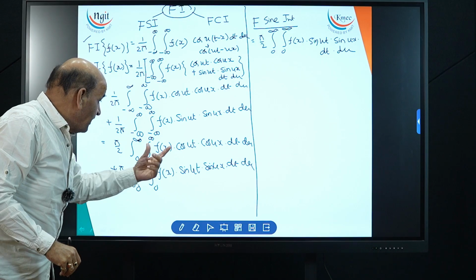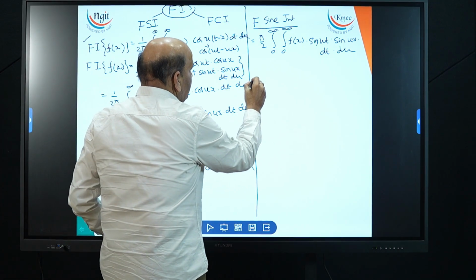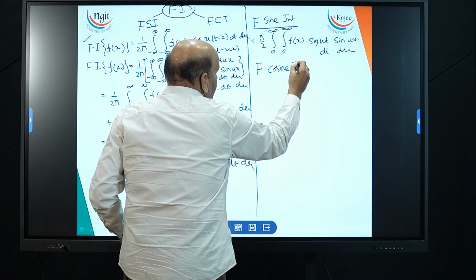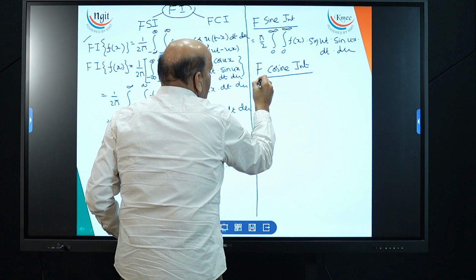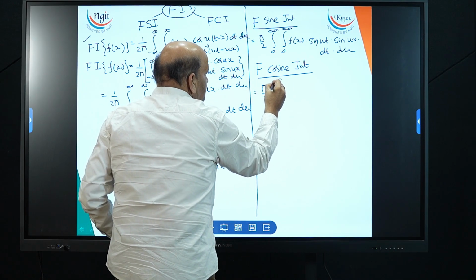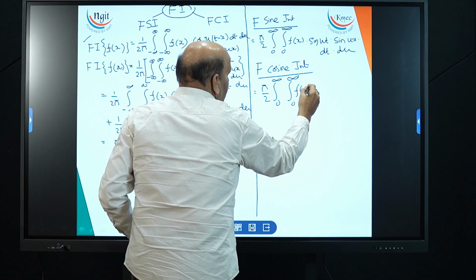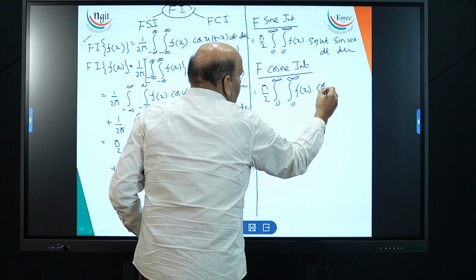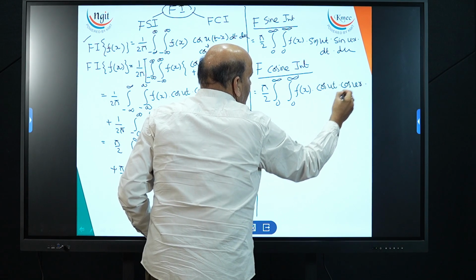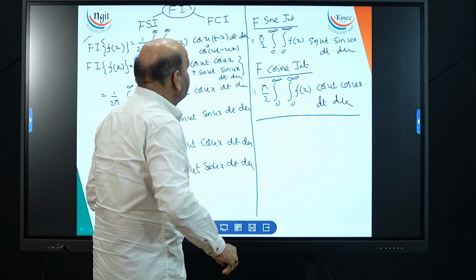Now, the second part contains only cosine terms, and that is called Fourier cosine integral. The Fourier cosine integral is equal to pi by 2 integral 0 to infinity, integral 0 to infinity, f of x into cos ut into cos ux dt du.